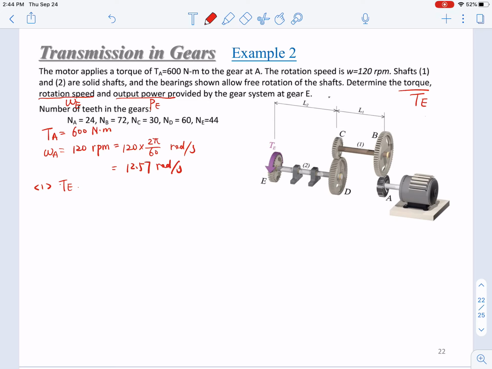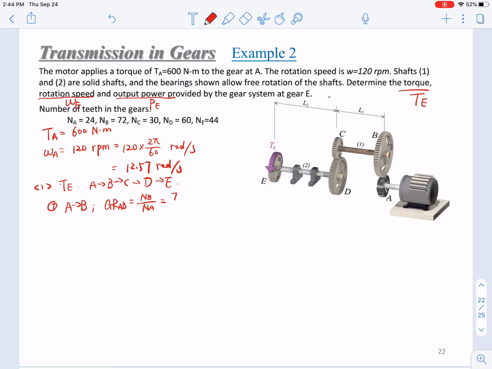Right, so let's look at the first, TE. To solve this, we just need to go from A to B to C to D and to E. So first, let's look at A to B. A to B, we can define a gear ratio. Gear ratio AB is just NB over NA.